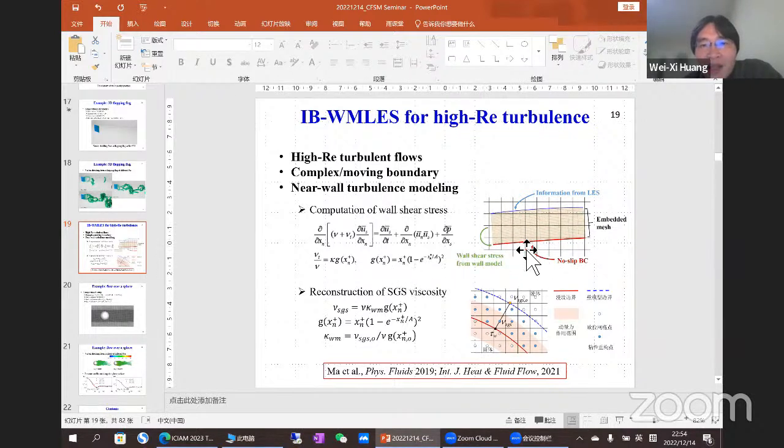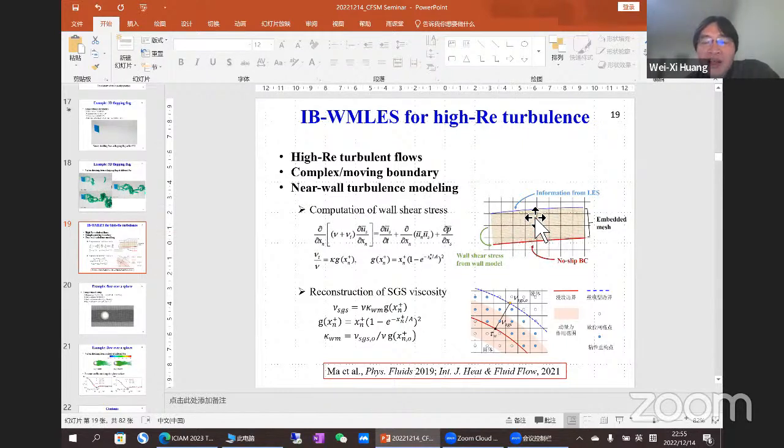First we don't know X plus, because it depends on the shear here. So we can have some kind of guess and then iterate, and finally we obtain the correct wall shear stress. So this needs a kind of iteration by solving in this region.